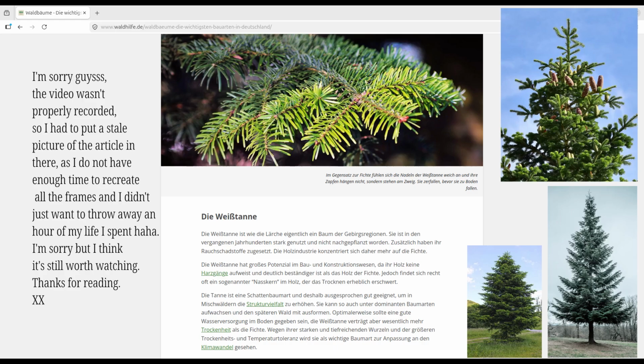In mixed forest, the Struktur means structure, Vielfalt means diversity, so the structural diversity. Zu erhöhen, this derives from the word hoch, which means high. Höher means height. And erhöhen means to increase, make something higher, raise. So to raise the structural diversity.